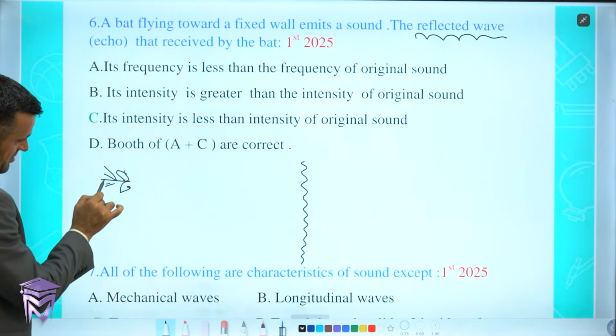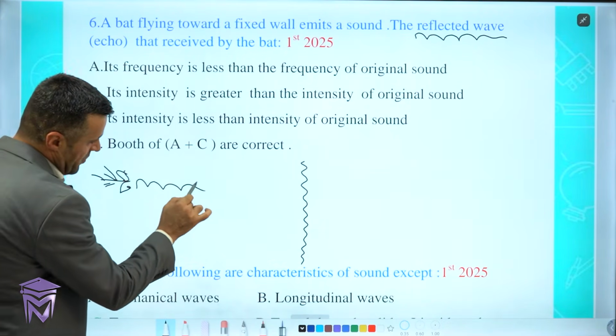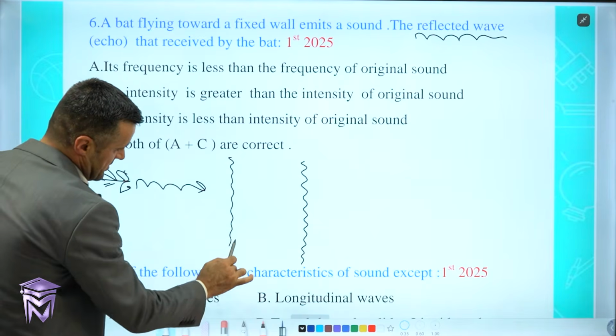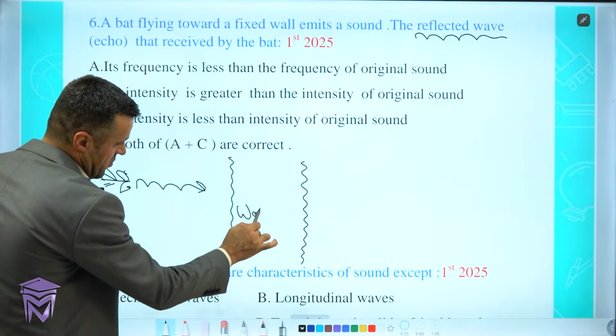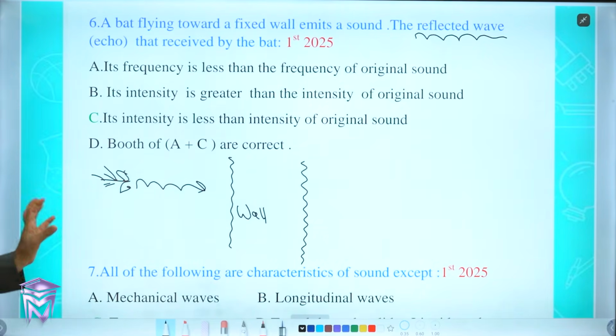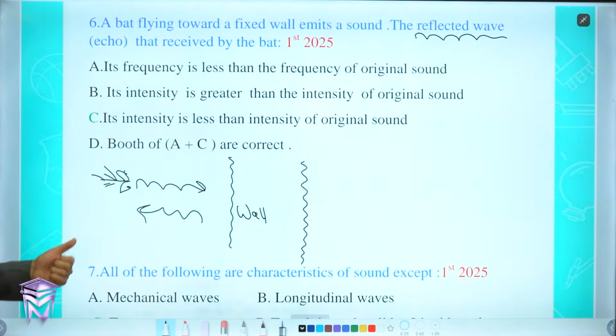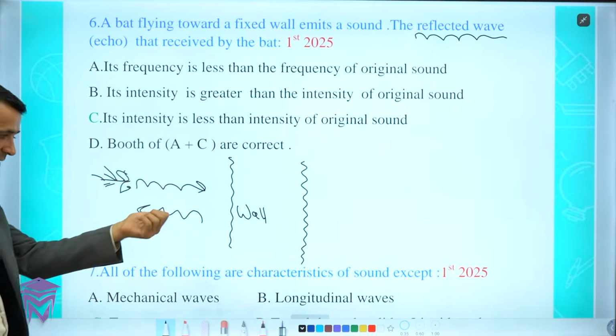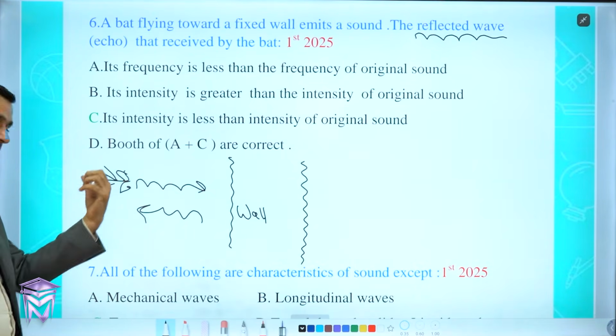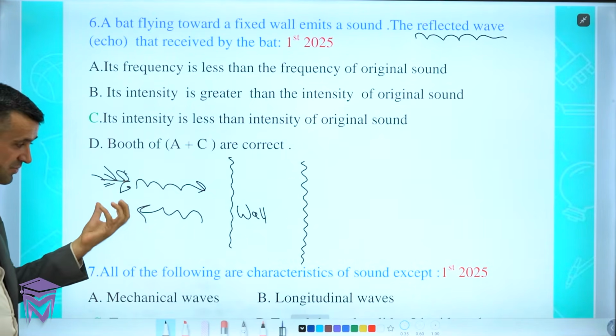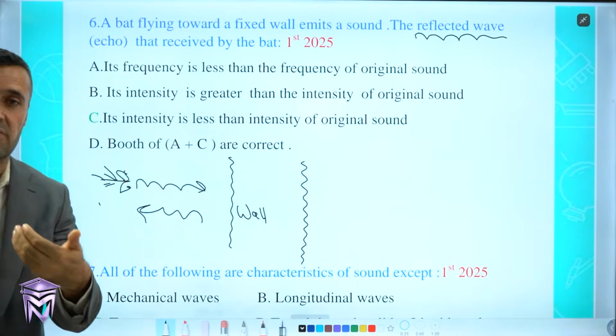A bat is flying toward a fixed wall. The reflected wave, or the received wave, is correct about one of the following.